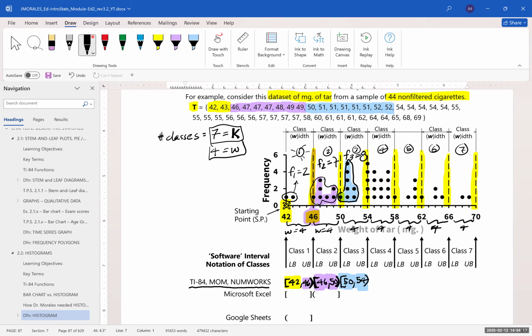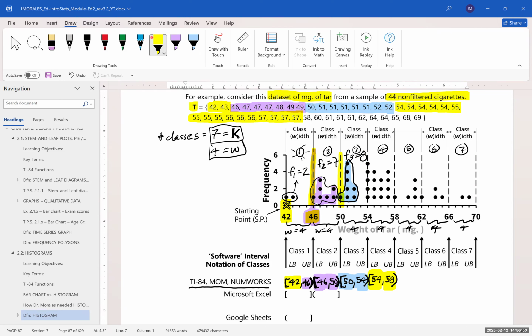All right, so let's do the next one. So we'll have 54, add 4 to that, 58, right parentheses. Let me erase these, okay. So we're going to include 54 and every datum up to, but excluding 58.